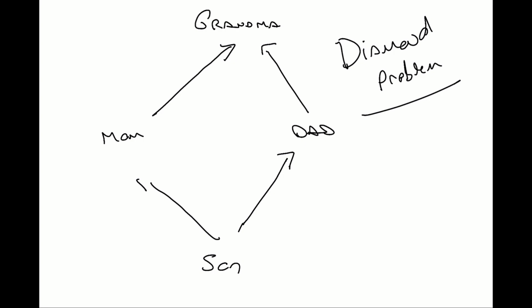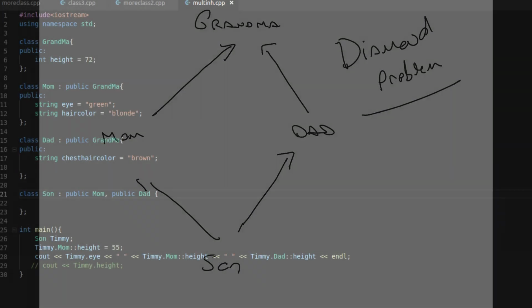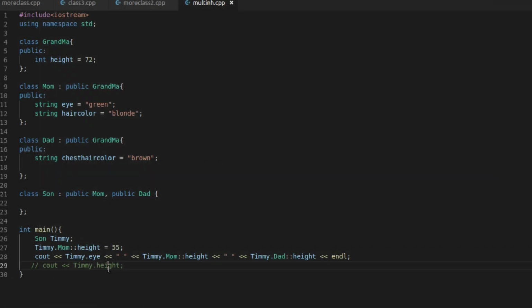And that is why son has two heights associated to it. And yet again, what kind of solutions can we have? Well, you can solve the ambiguity problem of having two instances by referring to one of the two variables. Now you can't just say grandma here because there's two grandmas. You have to say the mom or the dad.